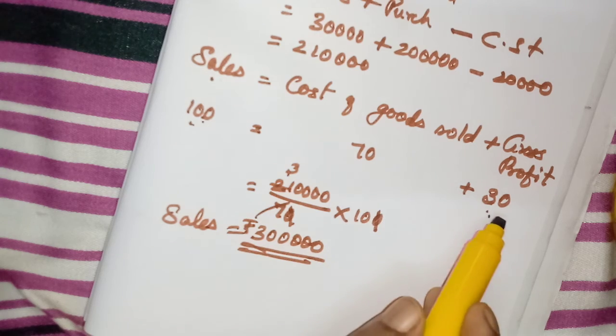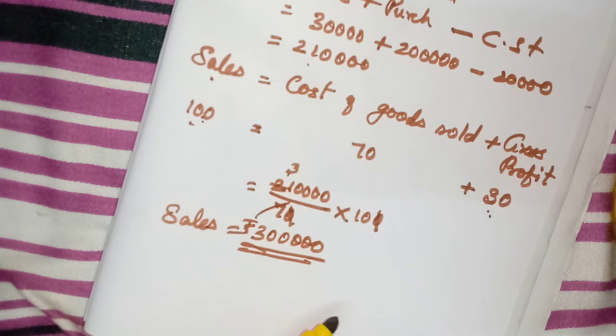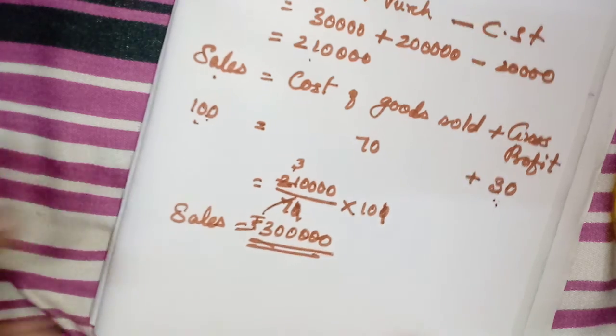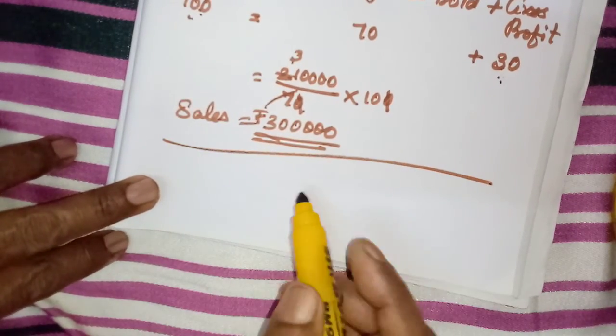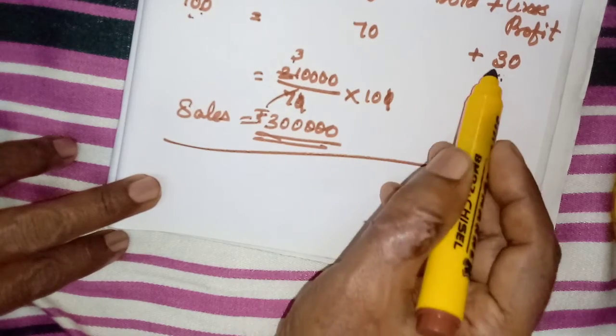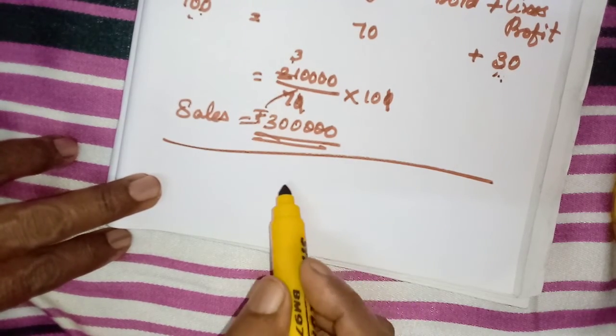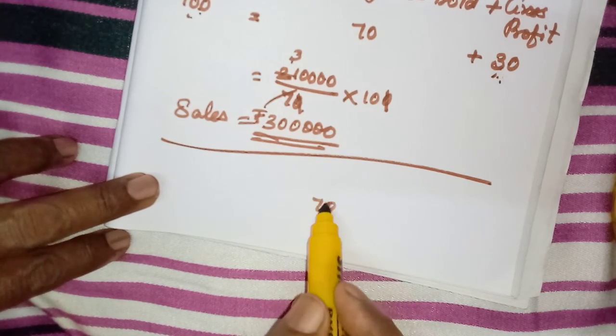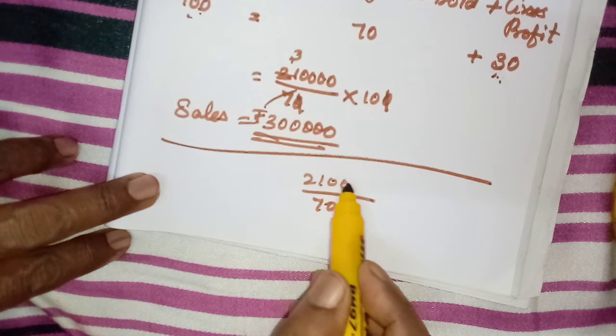This also we can calculate. If 70 is this much, how much is 30? We will get how much? 90,000. As working we can do, isn't it? This also we can see the amount, isn't it? You see 70 is 2,10,000.